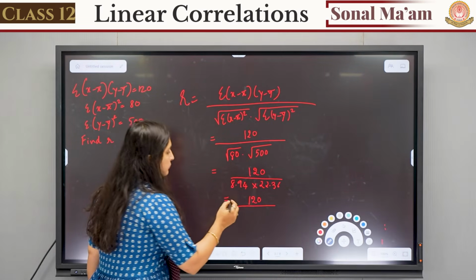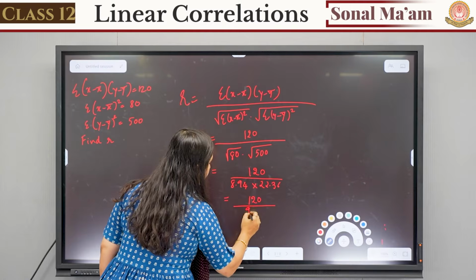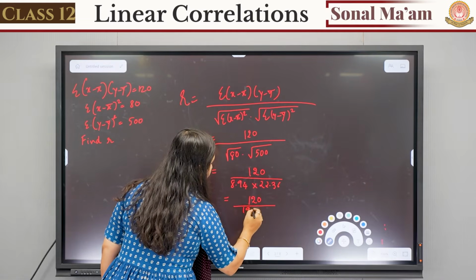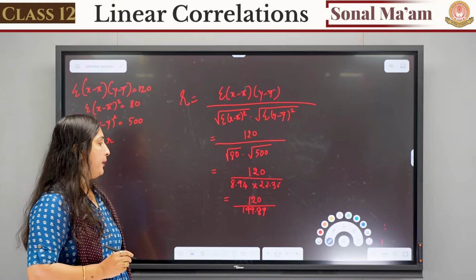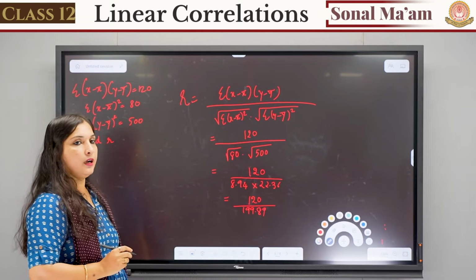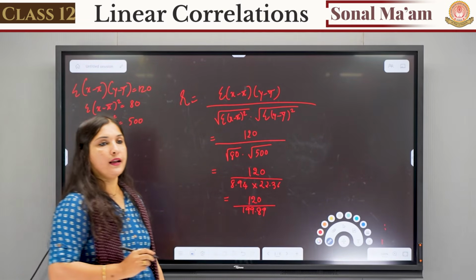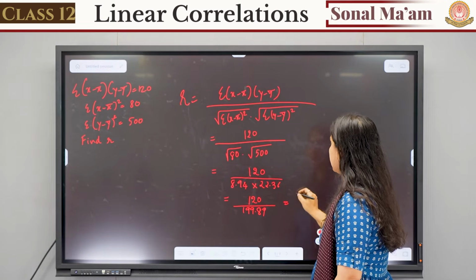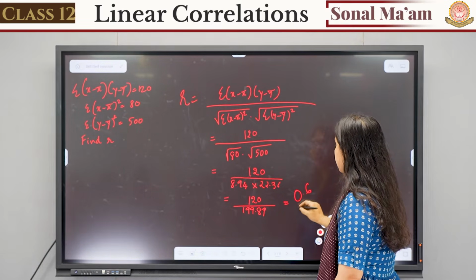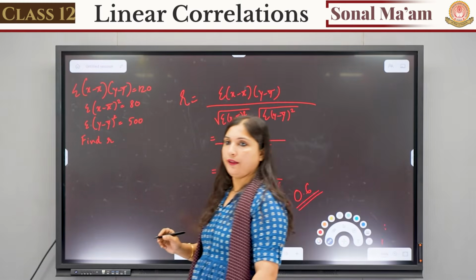What will be? 199.89. Yes, 199.89. And the final answer will be 0.6. Is the value greater than 1?